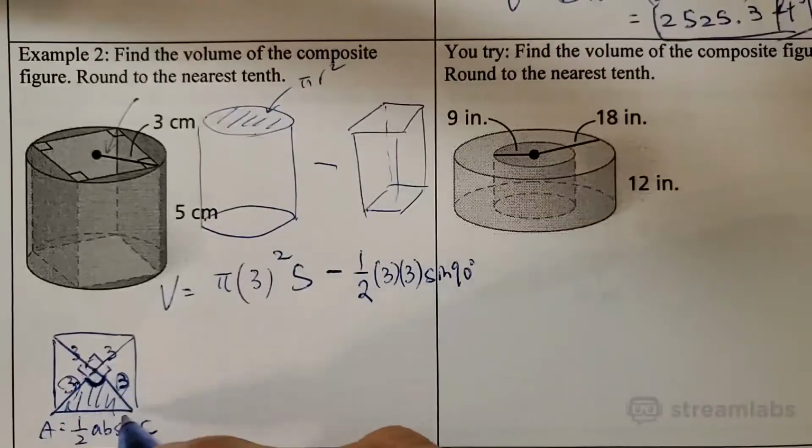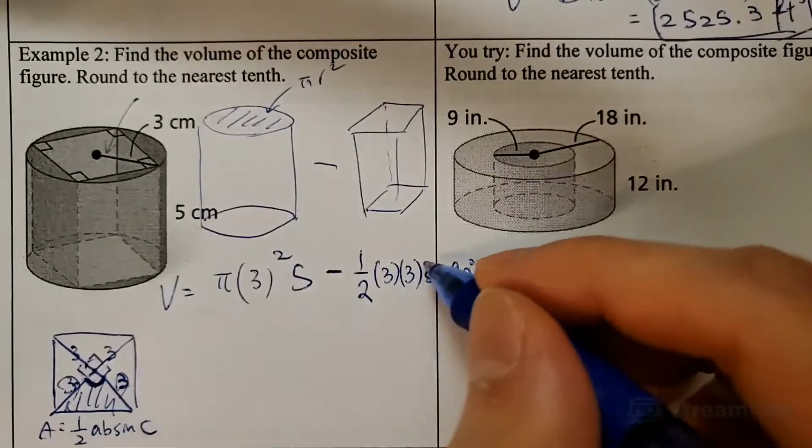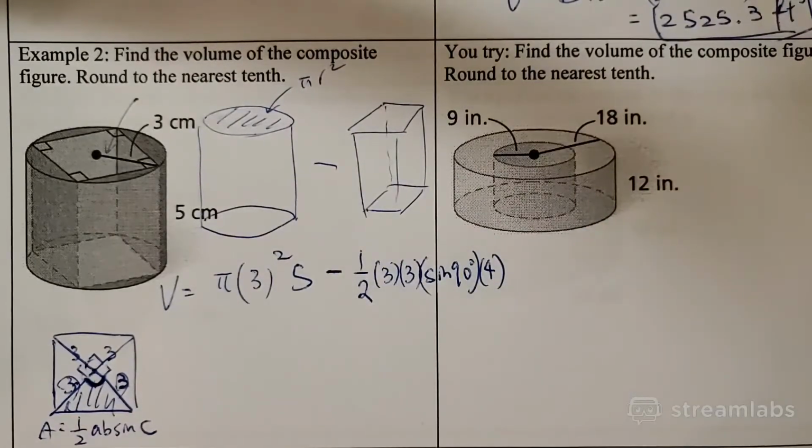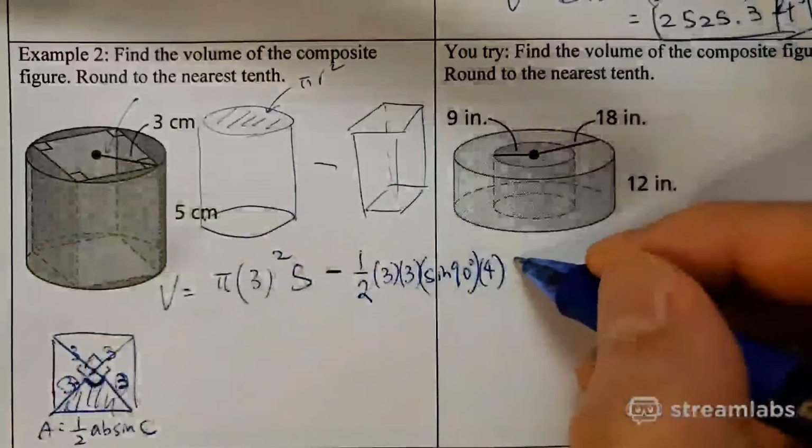So that's one triangle. I have 4 of them, so I multiply by 4. And then I will multiply by the height, which is 5.